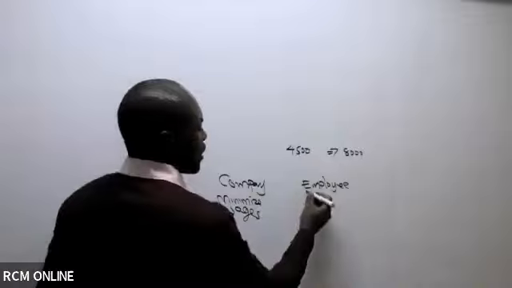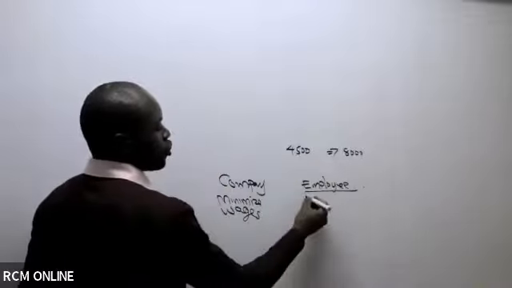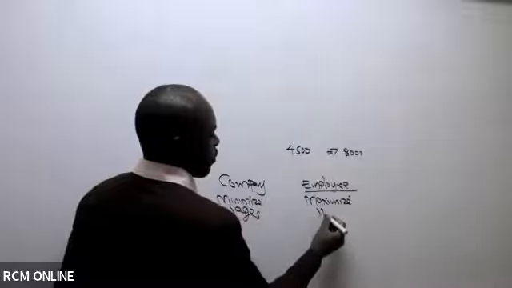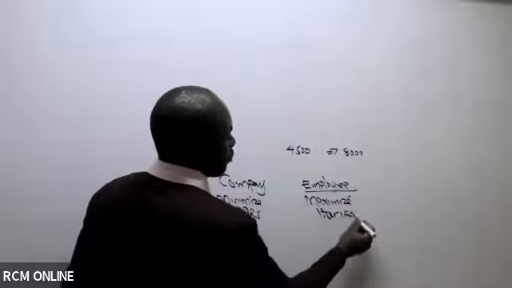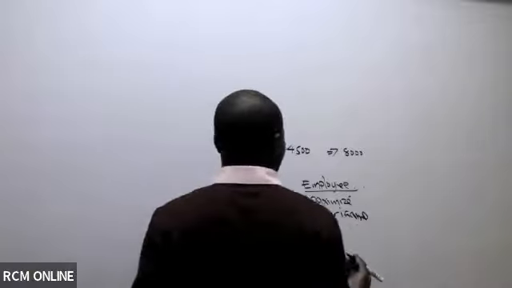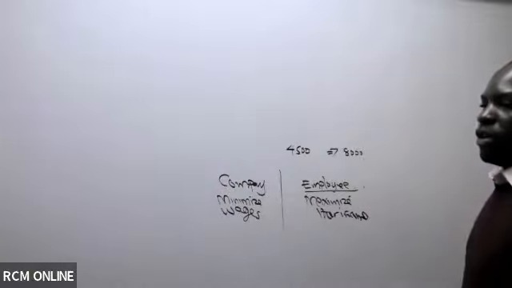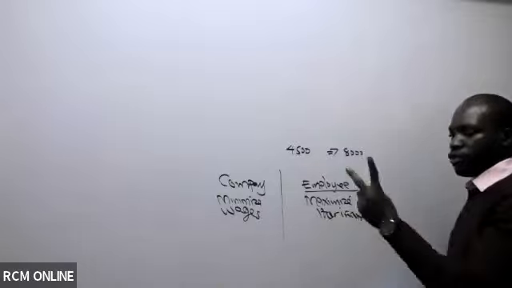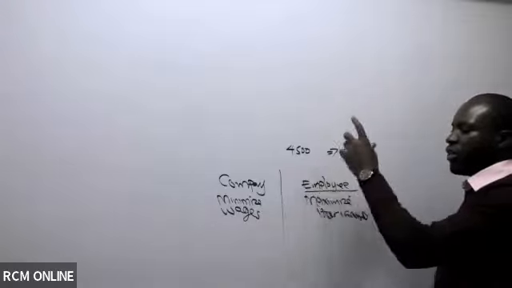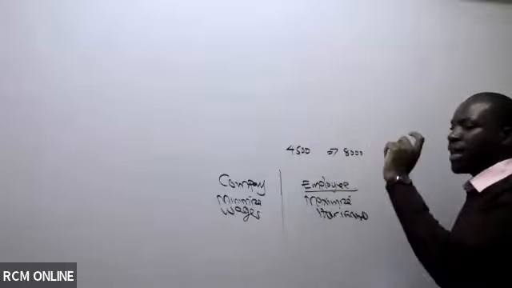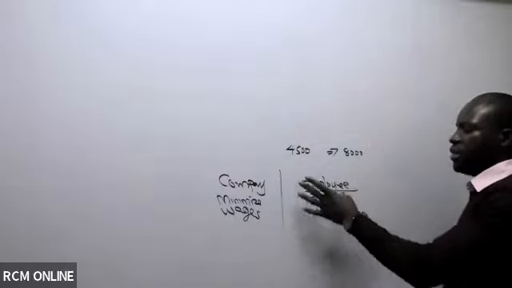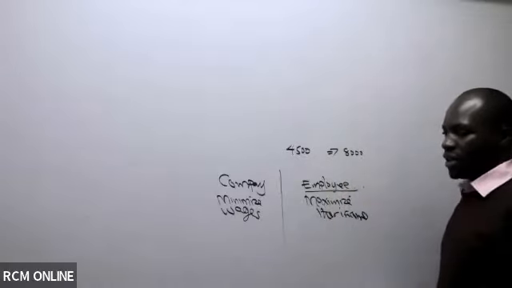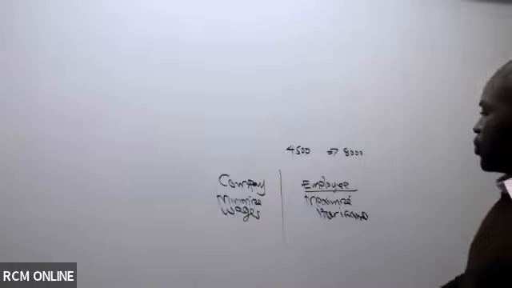Then the employee on their side will be trying to maximize their income in the name of salary. Now, in this particular question, the examiner concentrated on the side of the employee. We have 2 options. So the employee will be looking at the one that's giving the highest salary. The highest salary will be accepted by this employee. So is it the piece rate or the guaranteed amount? That's what you're going to look at.